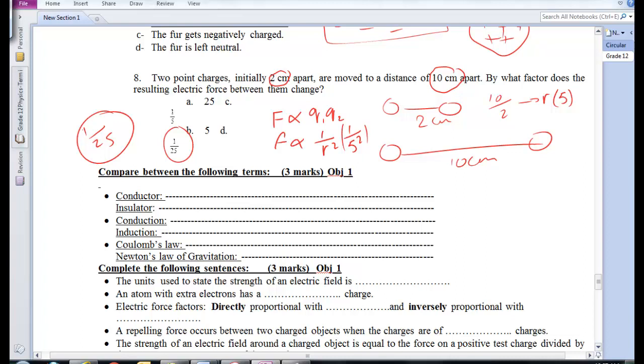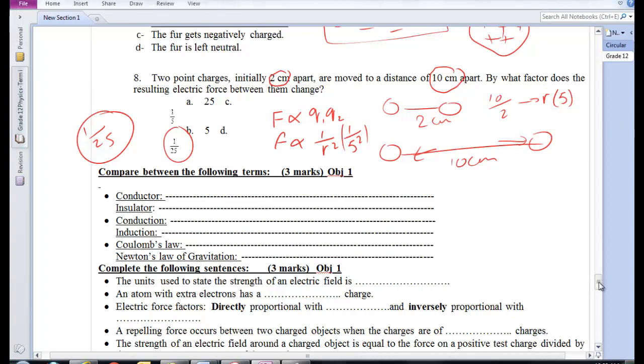This is logical, because when you move two charges apart, you are decreasing the force. If you do the opposite, if the distance was 10 centimeters and it became 2 centimeters, the force is going to increase 25 times.